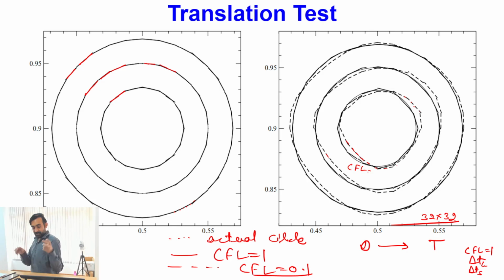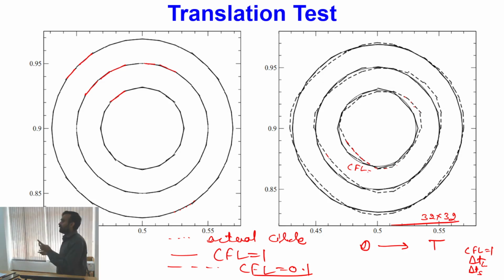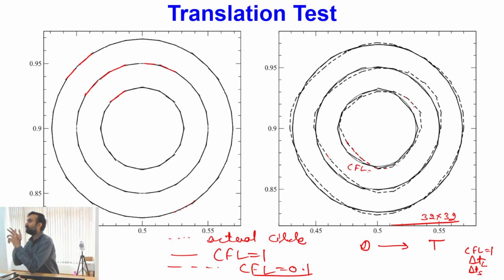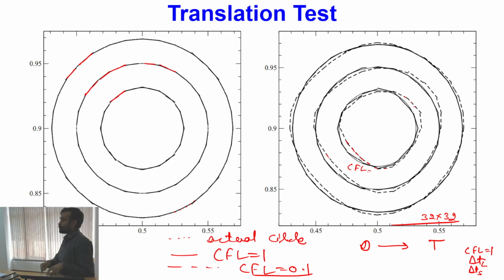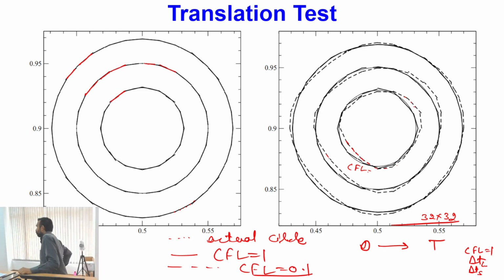If delta t is large, the number of time steps required to reach the final time will be less, so you need to perform the reconstruction and advection of the interface fewer times. But if delta t is small, the number of time steps needed to reach the final point will be more. So if you have more time steps, what does it mean?